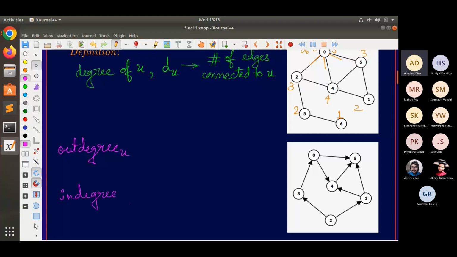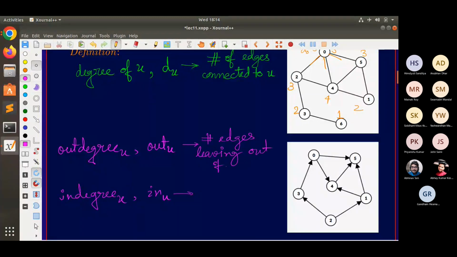Does anyone remember the definition of out degree? Let's call it out of U. The number of edges leading out of U, leaving U. And similarly, the in degree is the number of edges incident on U.